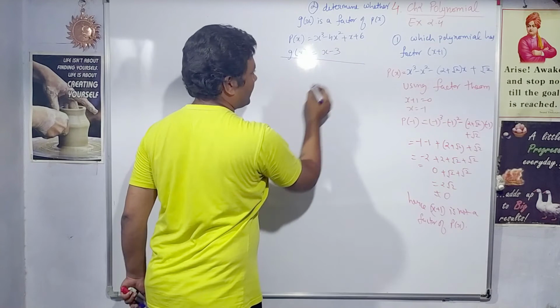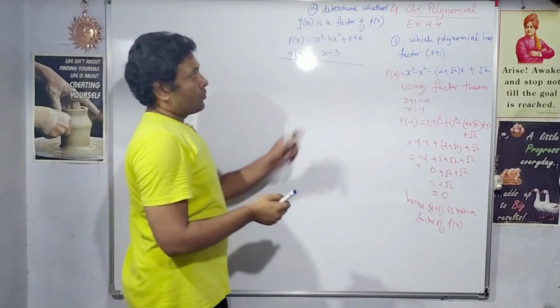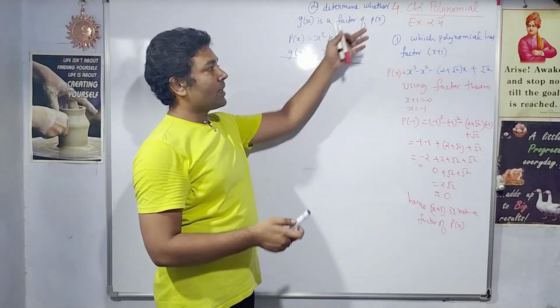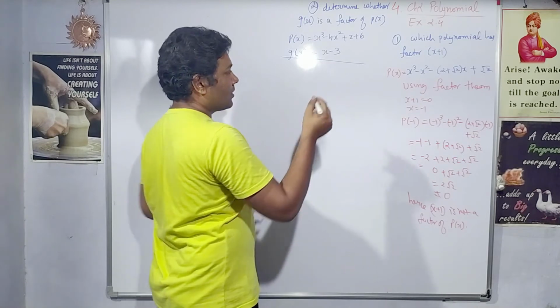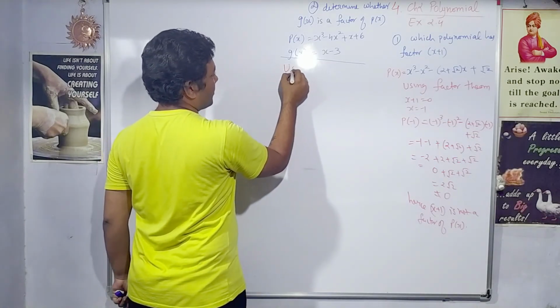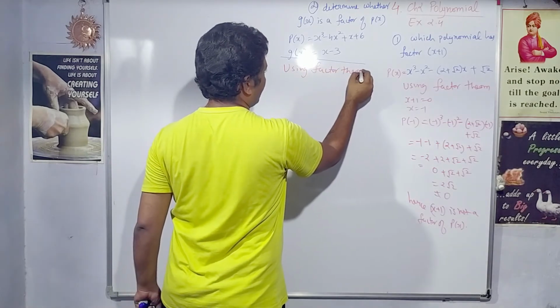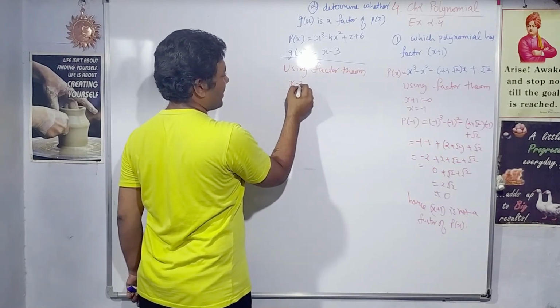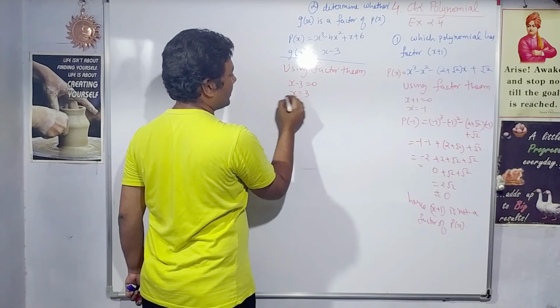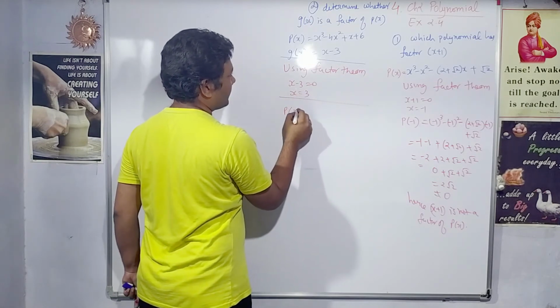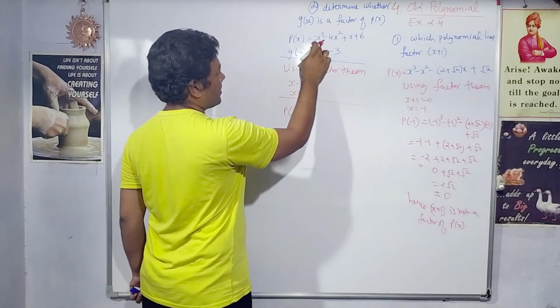So let us start. How to check? To check whether one polynomial is a factor of another, what do we use? We use the factor theorem. If you use the factor theorem, x minus 3 equal to 0, x equal to 3. So let us put p of 3. This is p of x.